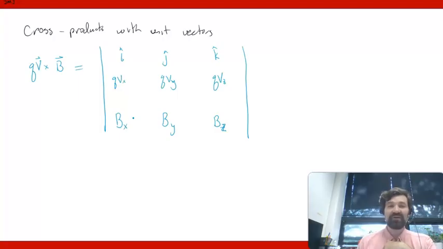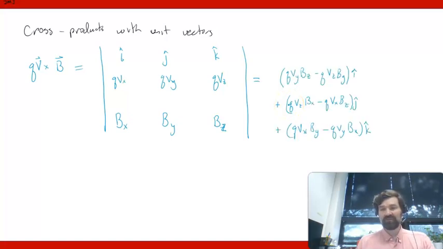The second row will have the x, y, and z components of the first vector, which in this case is qv. And then the bottom row, the third row, has the x, y, z components of the second vector, B in this case. And so your determinant is basically this sum. So qvx by minus qvy bx times k hat.